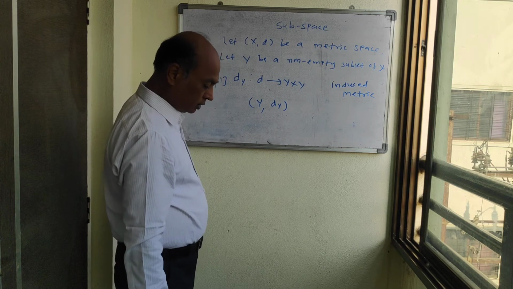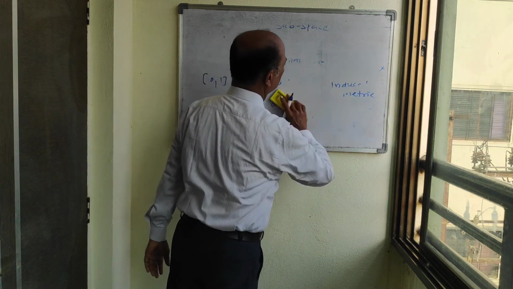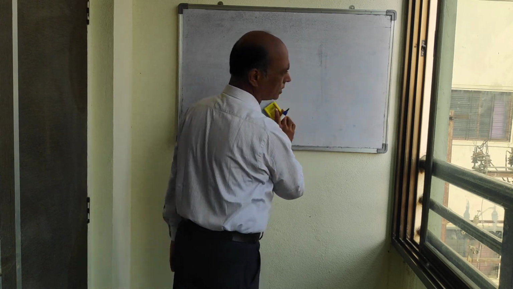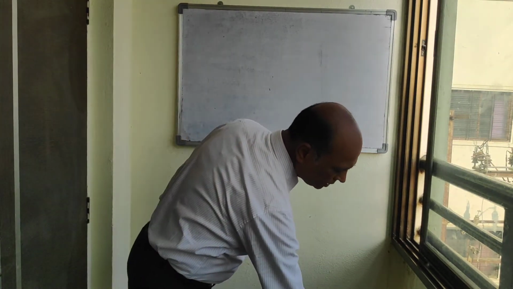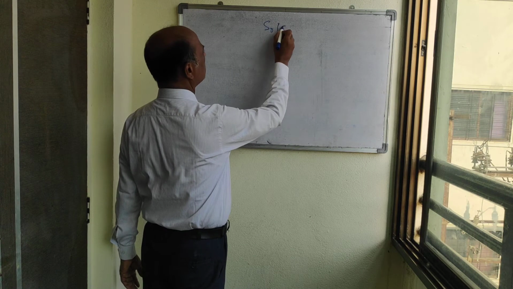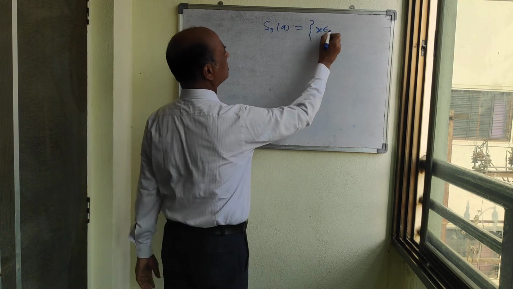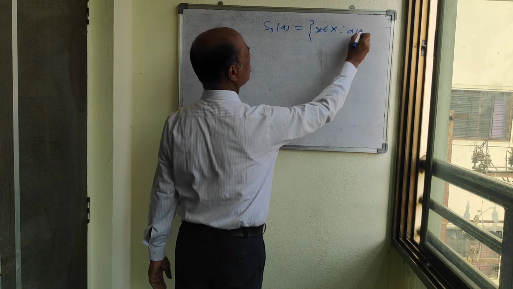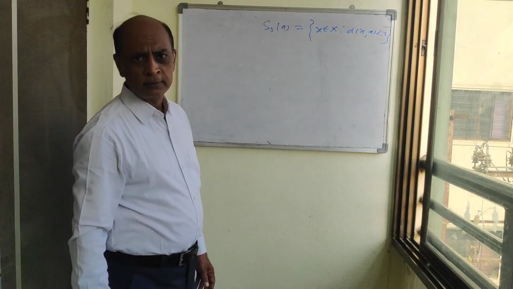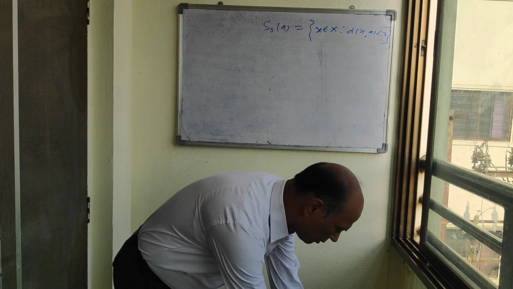Now if Y is a subset of X, so now we will define, just like in metric space (X, D). In a metric space (X, D) we know the open sphere, that is S_R of A, equal to the set of X belonging to capital X such that D of XA is less than R. Now we are going to define here the open sphere in this metric space (Y, D_Y).